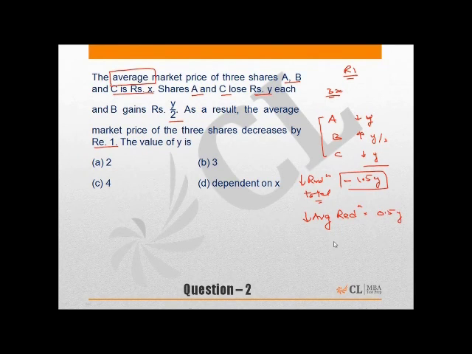If the total reduction is 1.5Y and there are 3 shares, then on an average the reduction will be 0.5Y. But the question also tells us that the average market price of the shares decreases by rupee 1. So this average reduction 0.5Y should be equal to 1, which implies Y should be equal to 2. Correct answer?